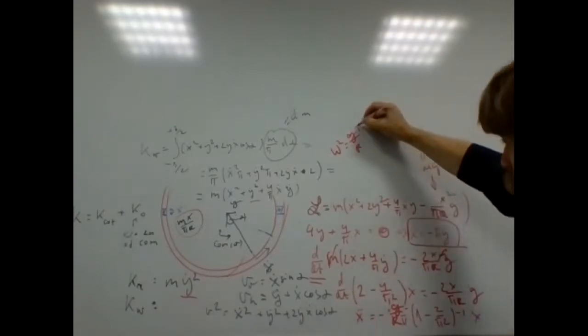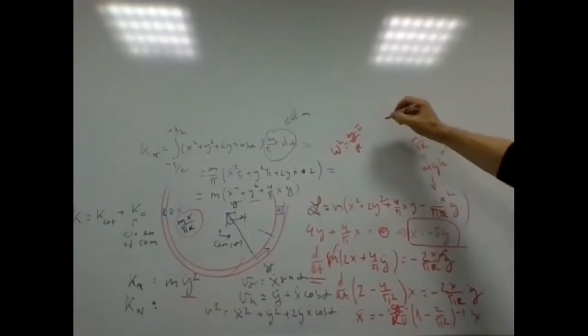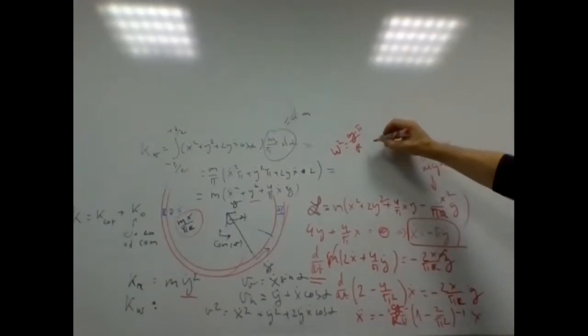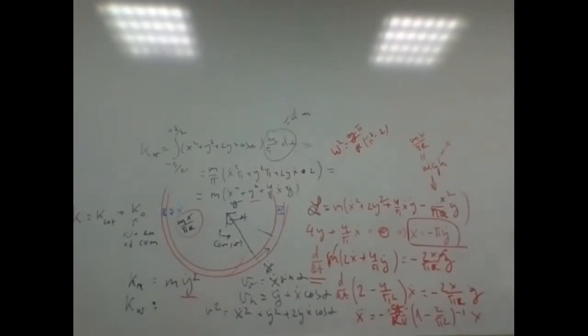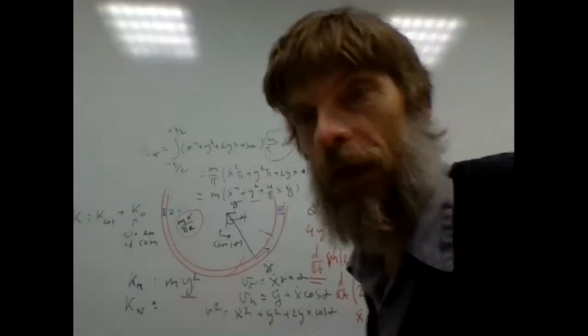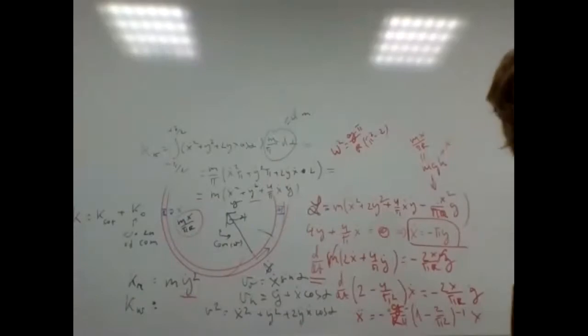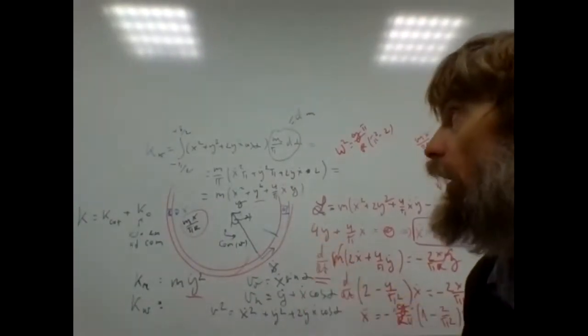Let us just bring this pi here into the denominator, and pi squared minus 2. Okay. All right. Okay.